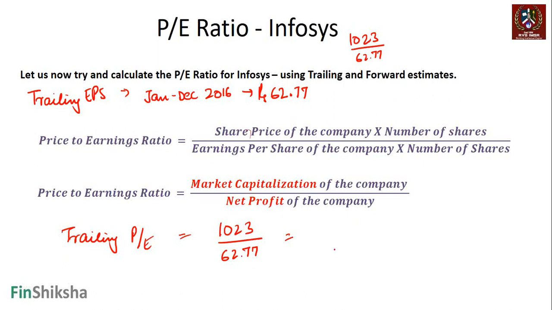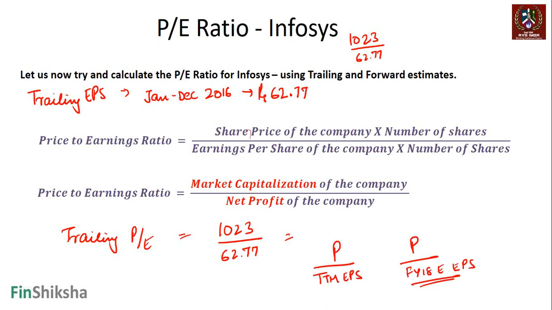Because when you're dividing the same price by trailing 12-month EPS or FY18 expected EPS, the denominator is bigger if the company is growing, and hence the forward PE ratio might become smaller for the company. That's basically how you calculate the PE ratio for a particular company like Infosys.